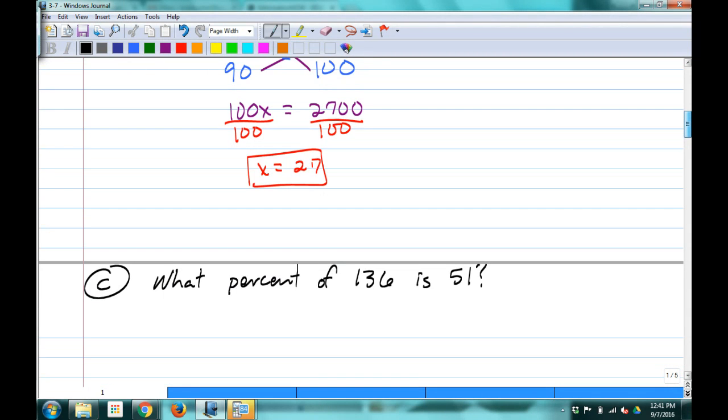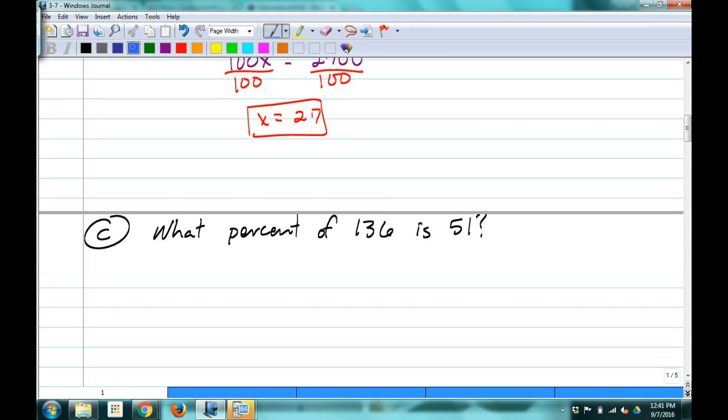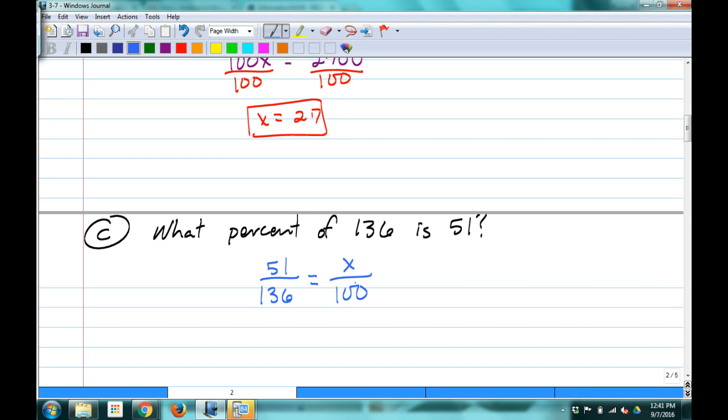Example C. What percent of 136 is 51? So what's our setup? Okay, so what goes on top? Equals x over 100. What do we do to solve it?